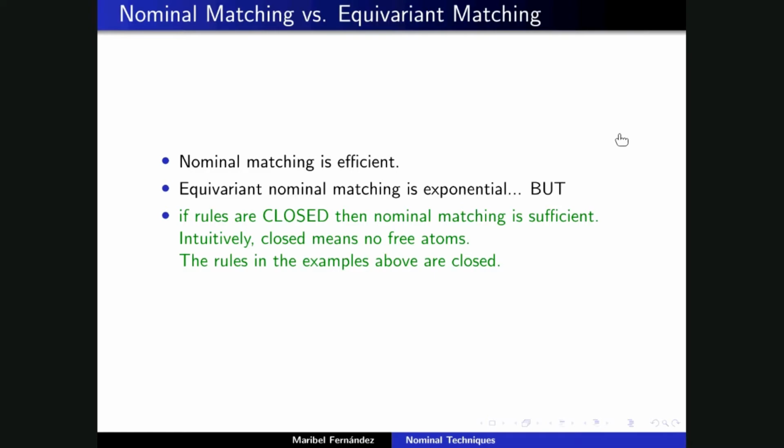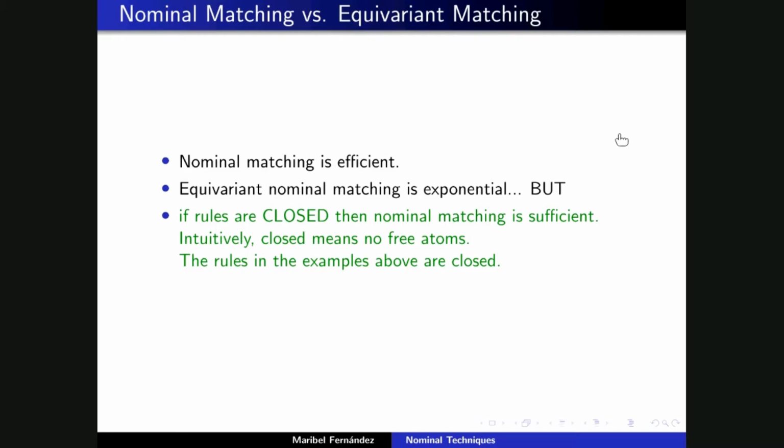So if I avoid rules that have free atoms, then I don't need to worry about the equivariant matching, because if all the atoms are abstracted, I just need to do matching modulo alpha, and that's what I've shown you before. So that's nominal matching, and that's linear. So can we then just work with rules where all the atoms are abstracted?